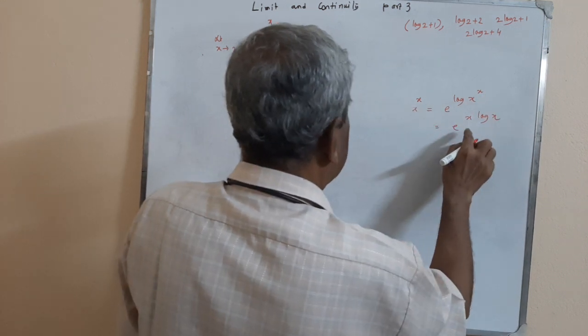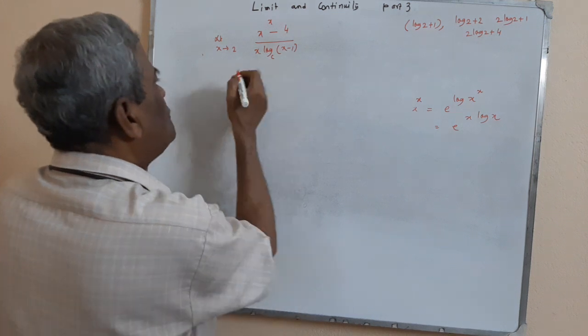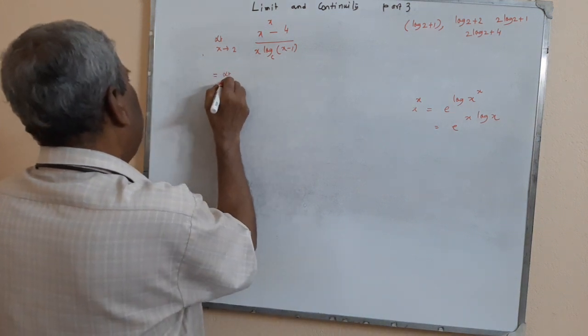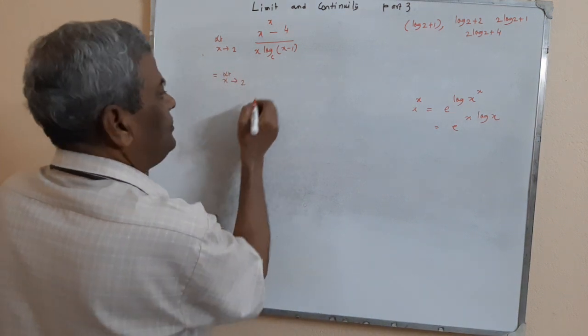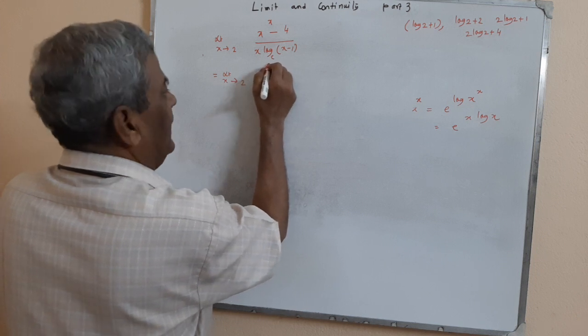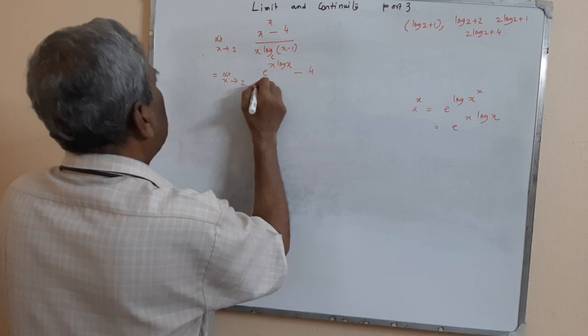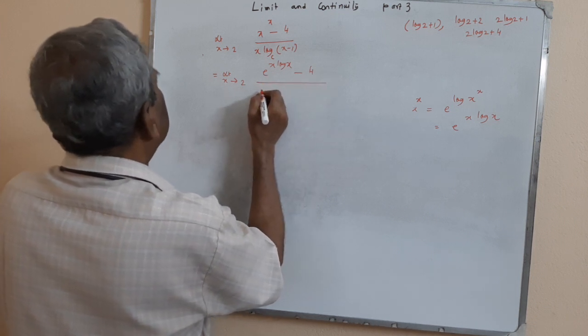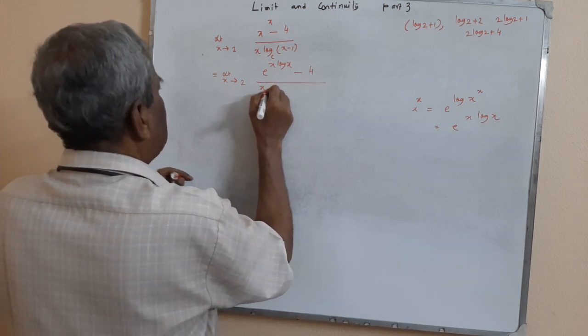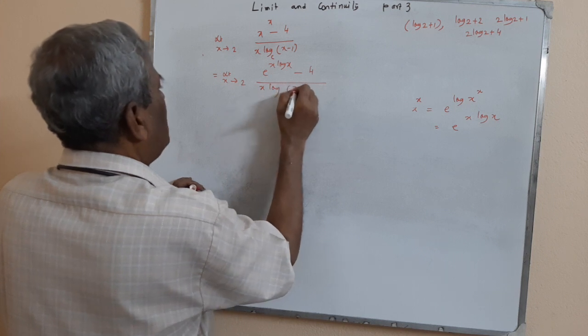So this becomes limit x tending to 2 of (e to the power x log x minus 4) divided by (x into log of x minus 1).